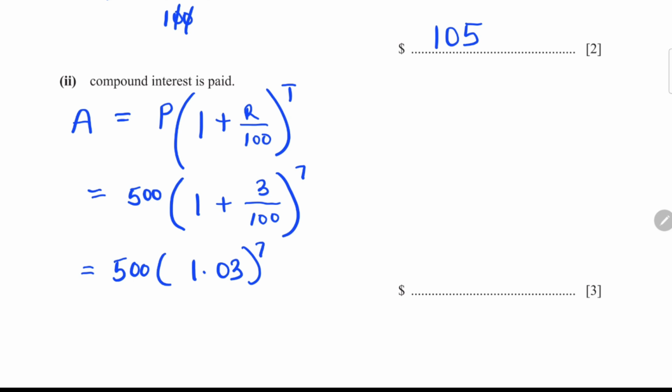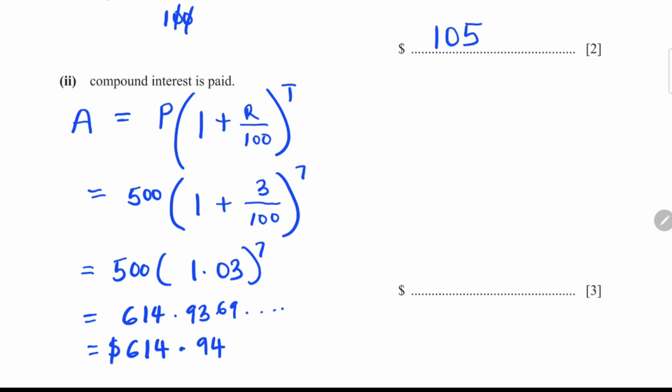When you punch this on your calculator, it's going to produce 614.9369 and so on. Remember, we write money to two decimal places. So this is going to give us 614.94.